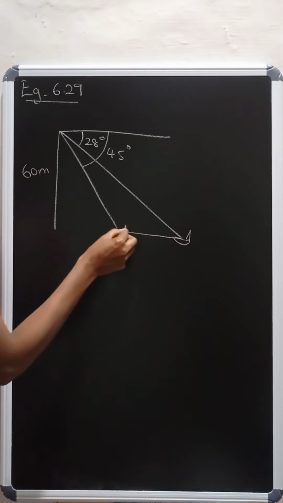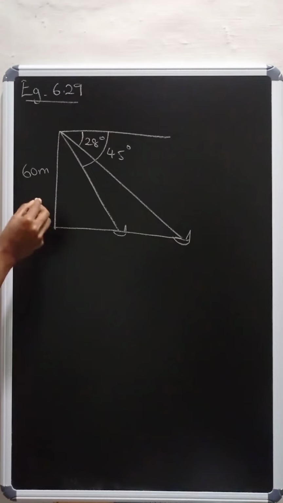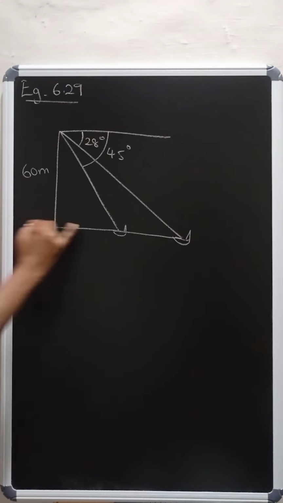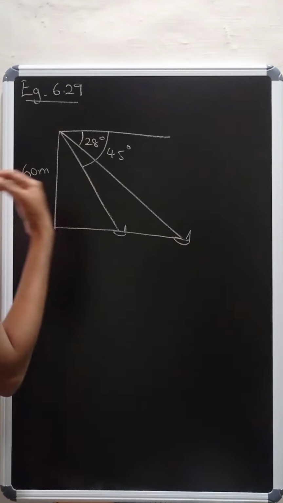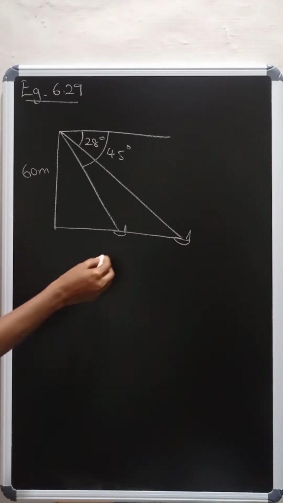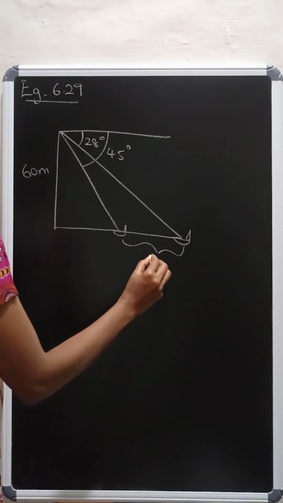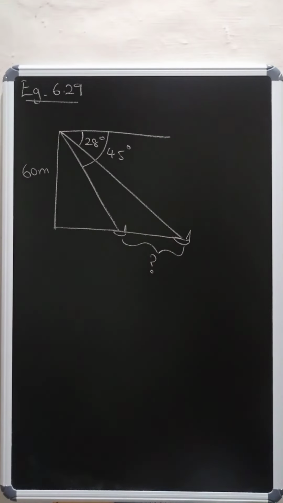So both are along the same side. They are asking you to find the distance between these two ships. So these are all the values given for you.